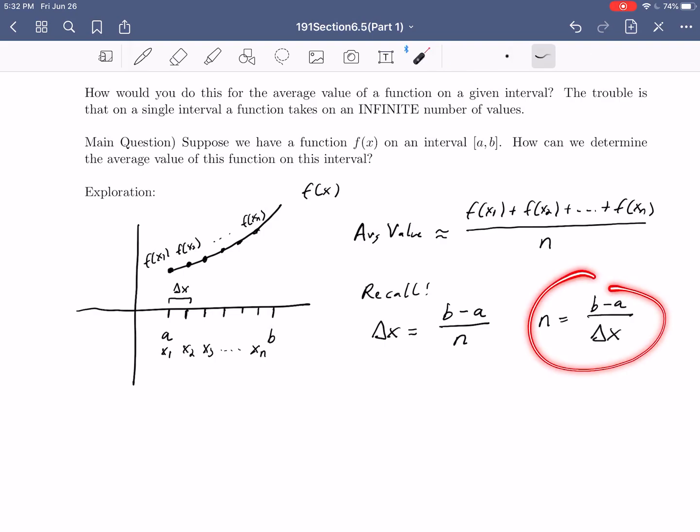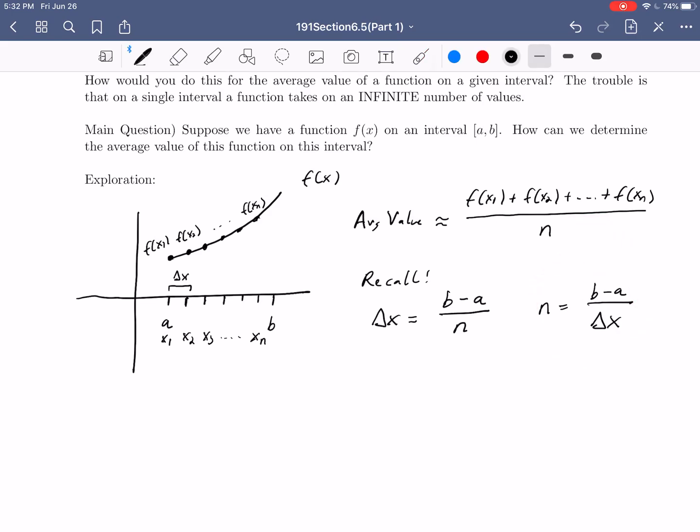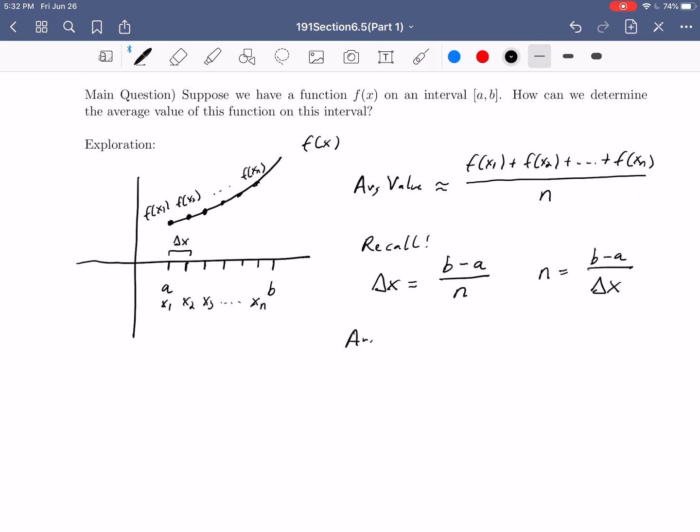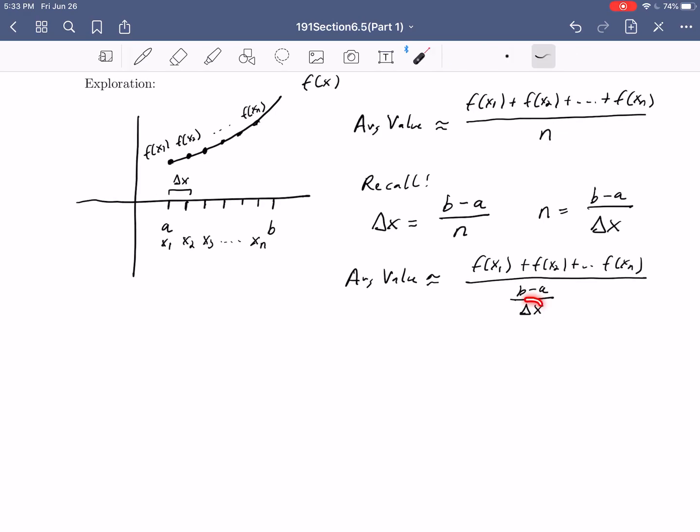So let's pop that into this expression here. So we now can say that the average value is approximately f of x1 plus f of x2 plus f of xn over b minus a divided by delta x. All right, let's clean that up a little bit by flipping the delta x out of the denominator and putting it into the numerator. And we'll take this b minus a and put it out front as 1 over b minus a.